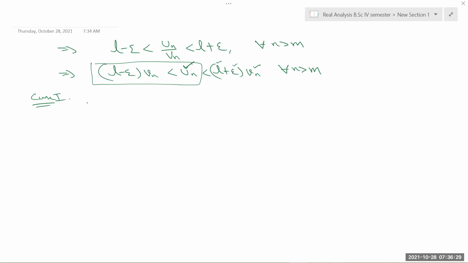So here, L minus epsilon times Vn is less than Un for every n greater than m. Look at this part, L minus epsilon.